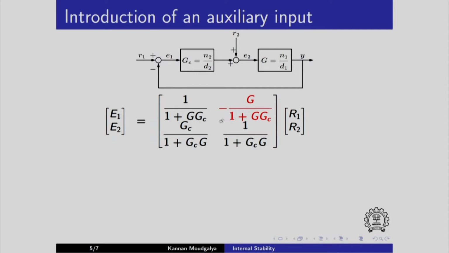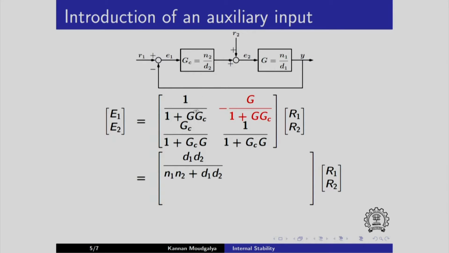Alright, we start with the same transfer function and I am going to substitute for G and GC from here. Let us take the 1 1 term and expand it.